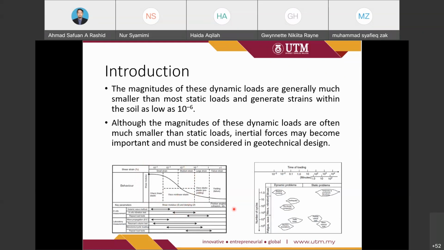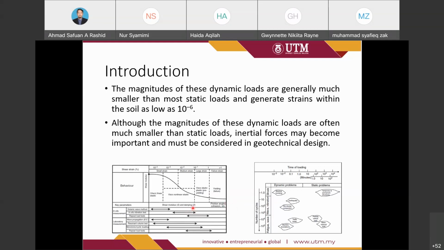While in designing for the failure condition, we may use the friction angle and the cohesion in the design, which we can normally obtain from a normal triaxial test.